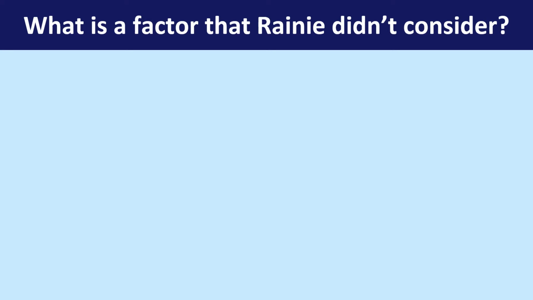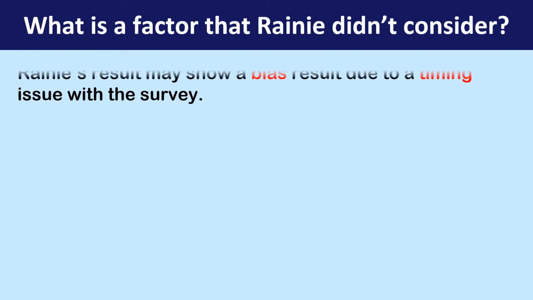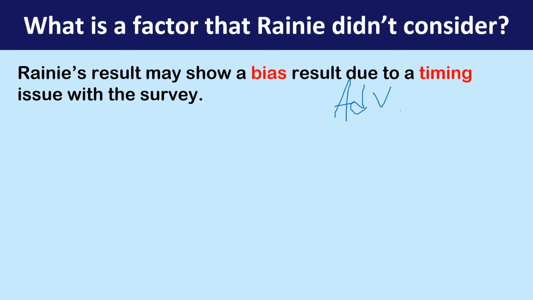When it comes to the main factor that Rainey did not consider, in my opinion, it is related to the timing. Inappropriate timing, I like to say. So the result will be pretty much biased because if you think about the cinema situation, even though it has been ages since you saw the last movie in a theater probably, there are always some kind of advertisement.